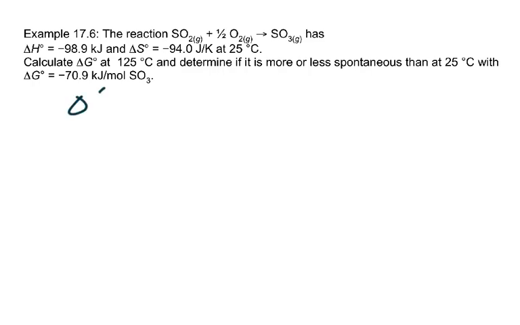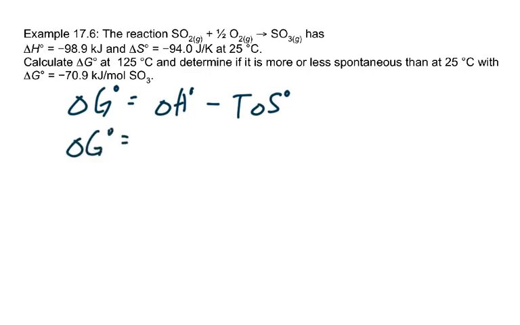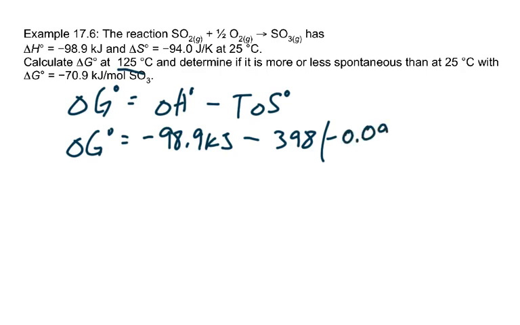So we're going to be using our delta G under standard conditions is delta H naught minus T delta S naught. So our delta G is going to be negative 98.9 kilojoules minus our temperature, 125 degrees Celsius, is going to be 398 Kelvin, times our delta S, which, if I switch it to kilojoules, is negative 0.094 kilojoules per Kelvin.